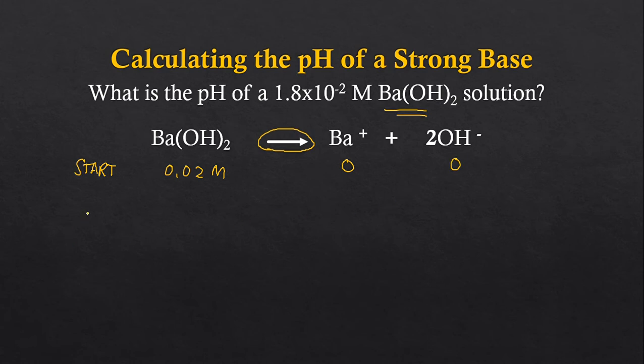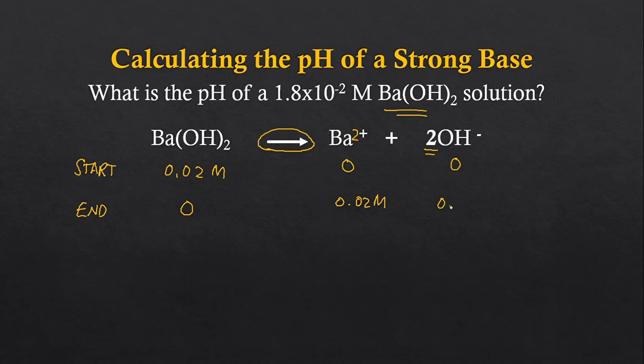Okay? And then, at the end of the reaction, wala na to. Kasi lahat ngayon, yung barium hydroxide natin, makakonvert into barium 2 positive, and 2 moles of hydroxide ion. So, we will have 0.02 molar nito. At ito naman ay 0.02 times 2, kasi dalawang moles yan.